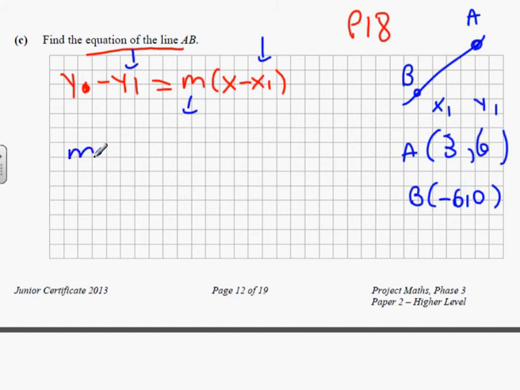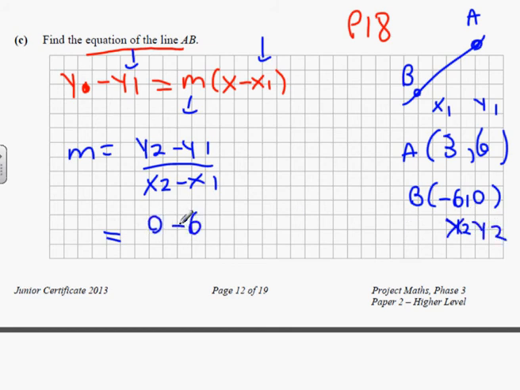Anybody know the slope formula? Rise over run could be used. You can count the blocks or you can do the formula. Okay, let's do the formula. What's y2 and x2? So 0 minus 6 divided by, anybody?